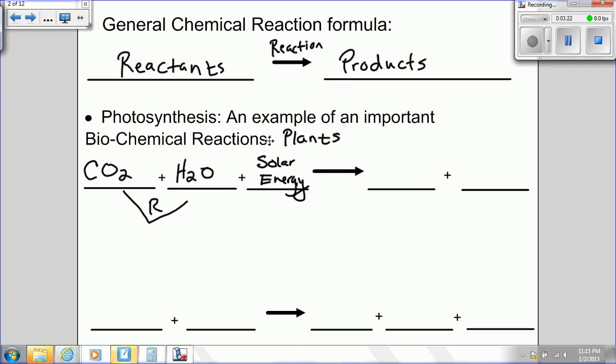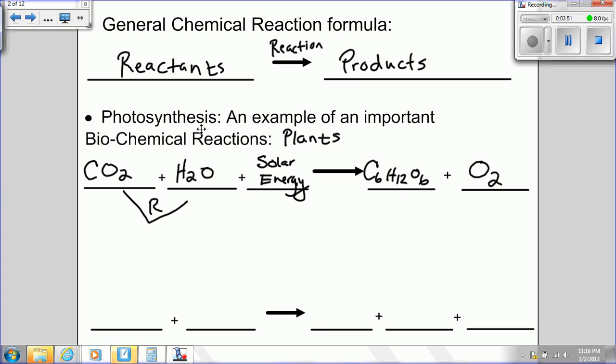Now, when these undergo your chemical reaction, indicated by the arrow, they actually break their chemical bonds between the carbon and the oxygen, between the hydrogen and the oxygen here, and they end up creating glucose, C6H12O6. And in addition to glucose, they create oxygen gas.